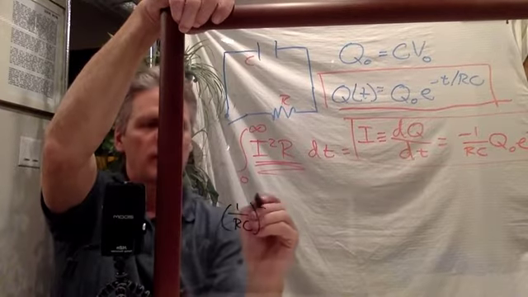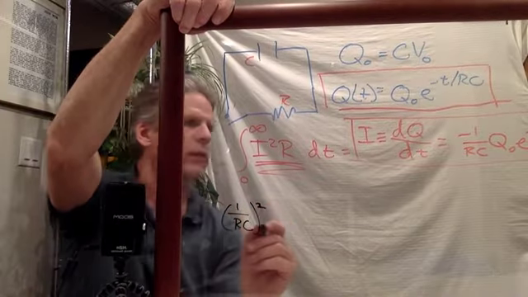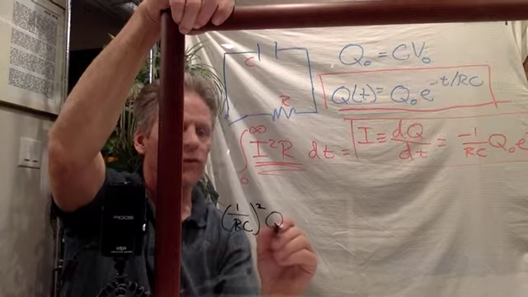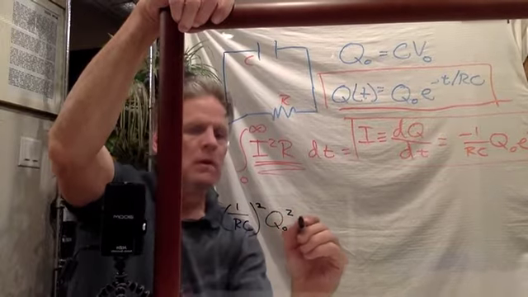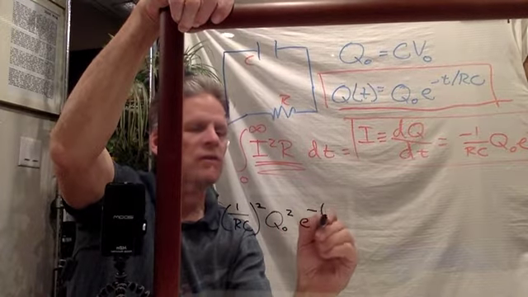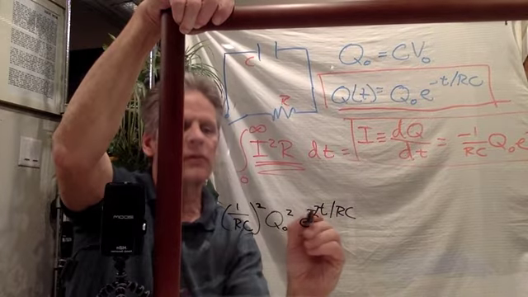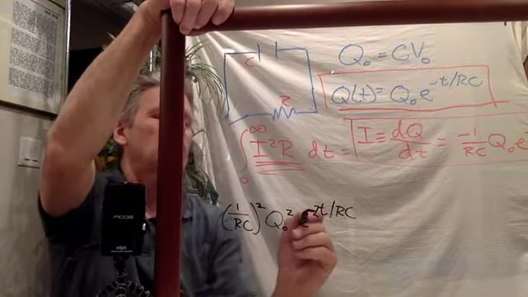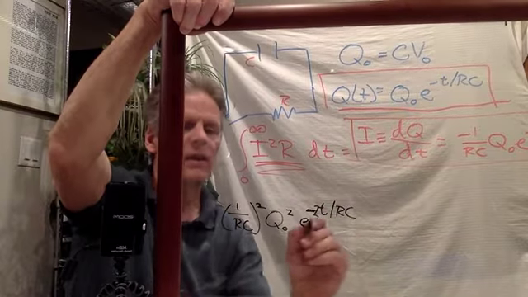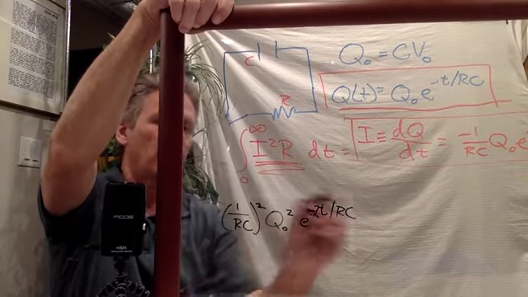I'm getting rid of the minus sign because minus by minus is a positive. Q0 squared e to the minus t over RC, except there is a 2 here because this is squared now. So e to the minus 2t over RC, and then that's I squared.